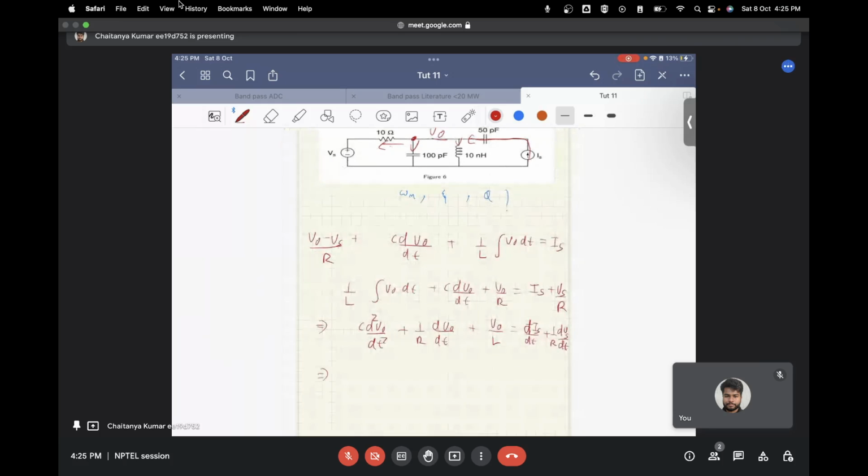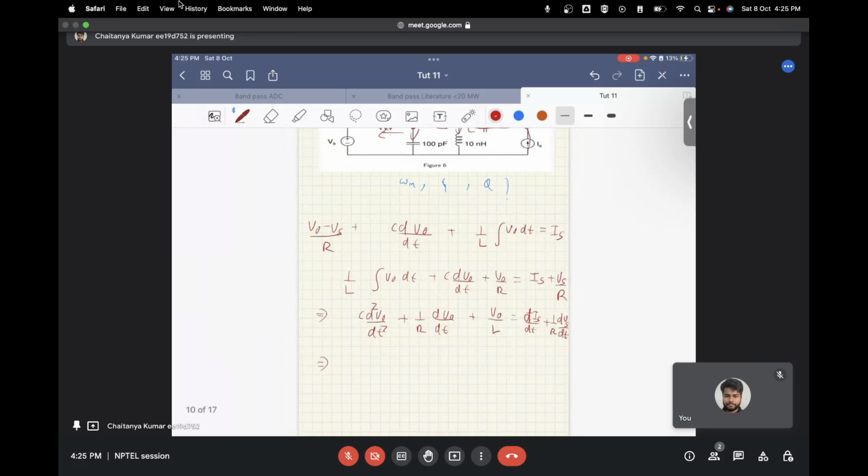Now if you divide everything by C, you get d square V naught by dt square plus 1 by RC dV naught by dt plus V naught by LC is equal to 1 by C times dIs by dt plus 1 by RC times dVs by dt.